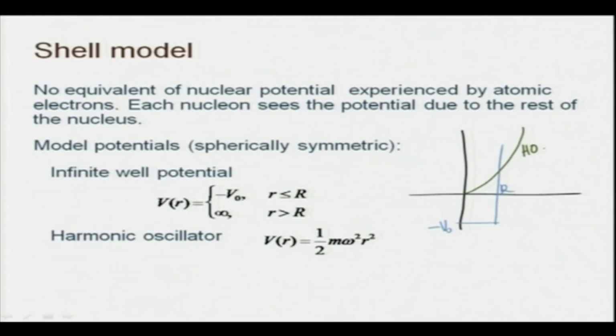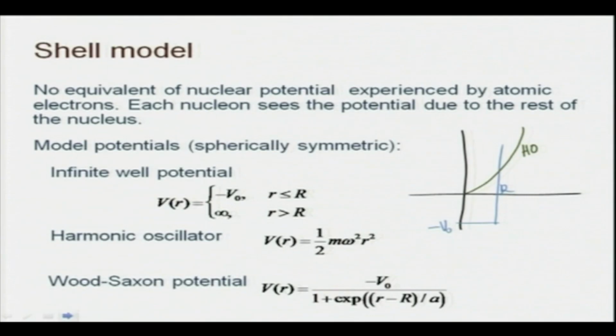And therefore, some kind of a compromise between these two was made, and it was proposed by Woods and Saxon that we can look at a potential which is constant more or less for r less than capital R and changes over smoothly, but rather fast, to 0 at r equal to R.